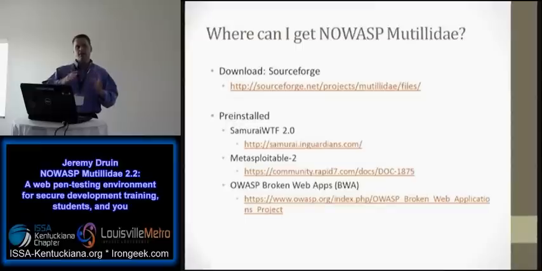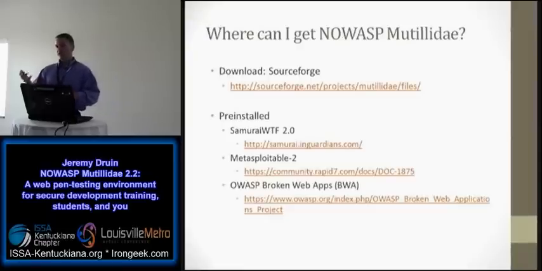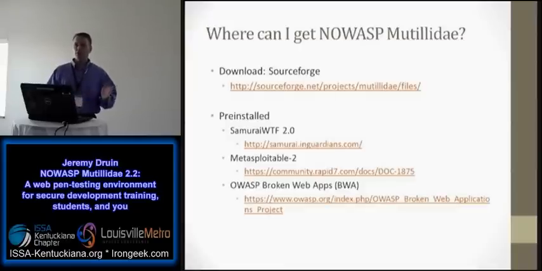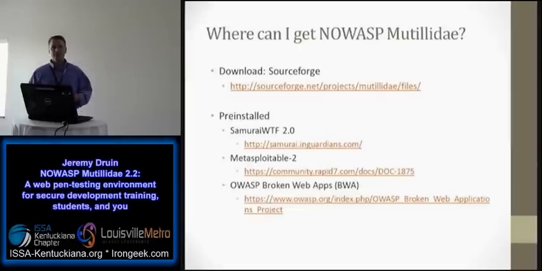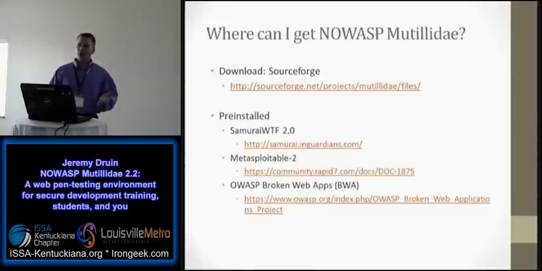Also, it has a very large selection of web pen testing tools pre-installed onto the Linux, along with, I believe, about 4 different vulnerable applications. One of the applications is this one. There's also WBWA and a couple of other really good ones. The Samurai can be remastered, like I said, and reburned back to a DVD. So a lot of flexibility there. Most of the work's already done for you, which is the nice thing about it.